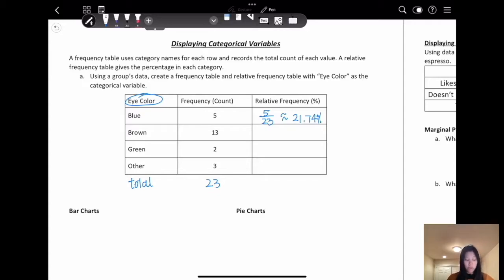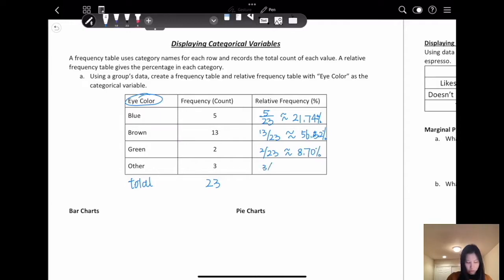We do the same thing for the rest of the colors. 13 divided by 23, which is approximately, again using Google Calculator, 56.52%. And then green eye is 2 over 23, approximately equal to 8.70%.